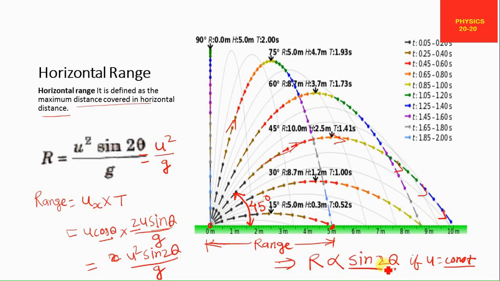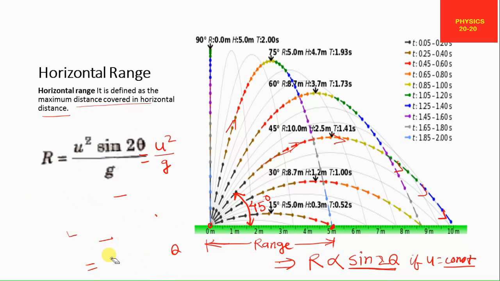Now another point that has to be discovered with the help of these equations: if theta is equal to the complementary angle, then what will be the value of the range?